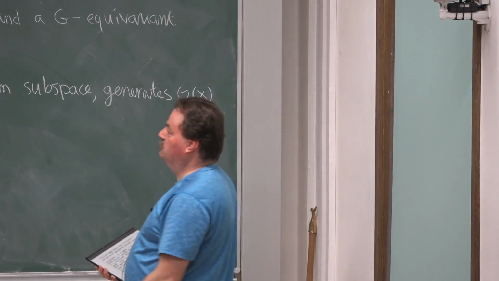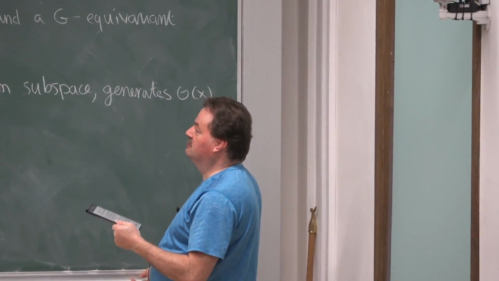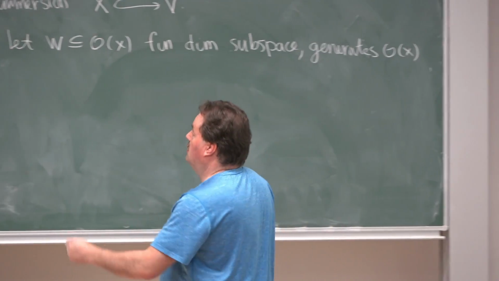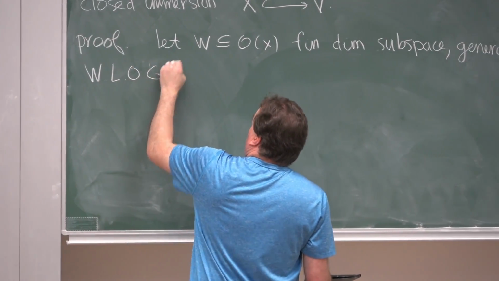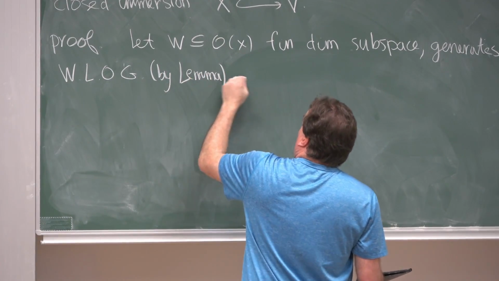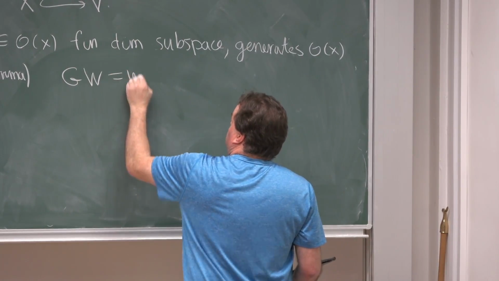You just take some set of generators and take the span of that. This is finite dimensional. And without loss of generality, by the lemma, I may assume that this W is stabilized by G.